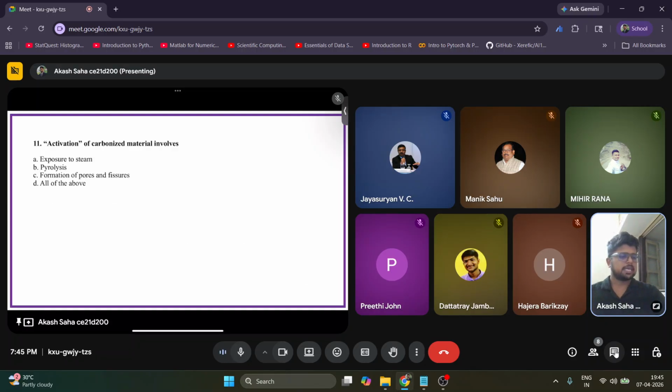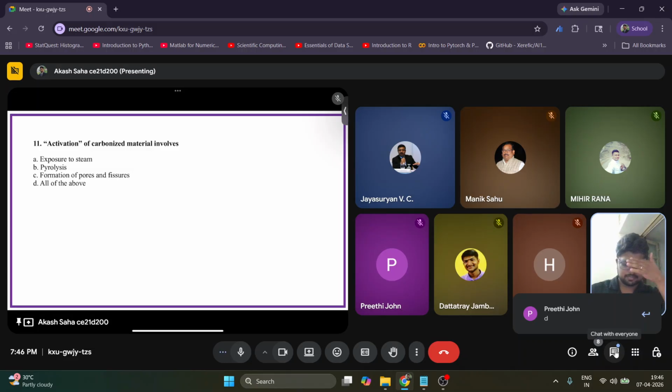Activation of carbonized material involves: A, exposure to steam; B, pyrolysis; C, formation of pores and fissures; D, all of the above. The different term here is only pyrolysis.